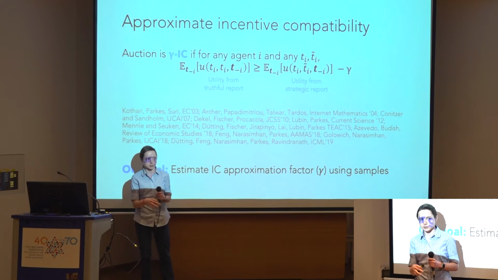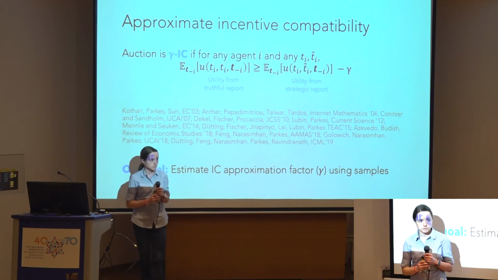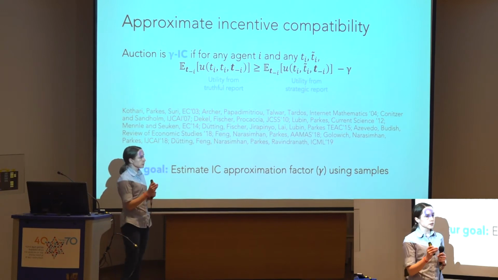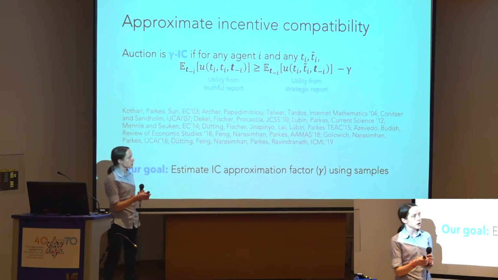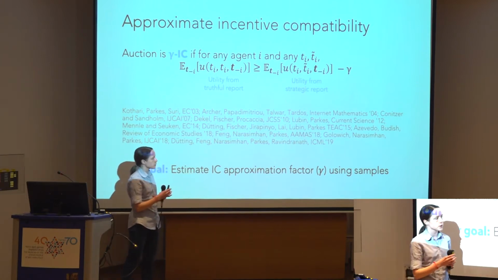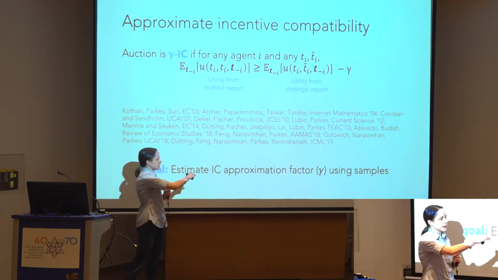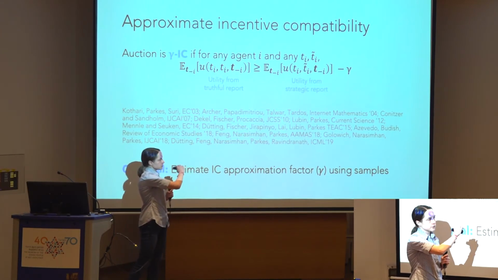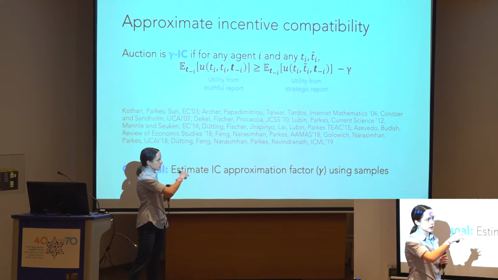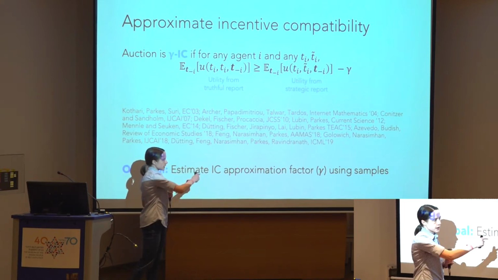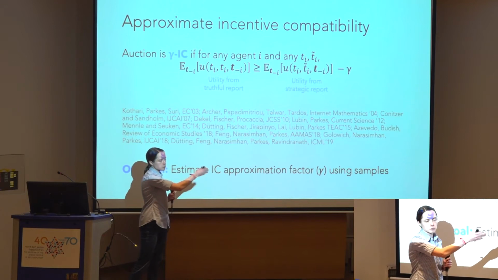using samples from the distribution over agents' types D. So are you looking for the expected value of gamma? I'll make this more formal, but we want to find an estimate gamma hat such that with high probability over the draw of the samples, gamma minus gamma hat is smaller than some epsilon.